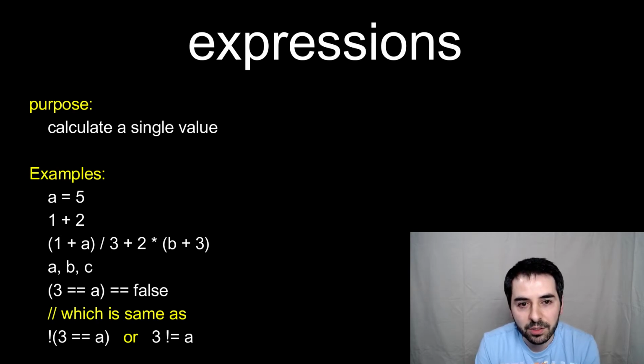If you want to check that a Boolean expression is false, you just negate it. So we can say just not 3 equals a, or even simpler, 3 not equals a. So this is an example of a Boolean expression.